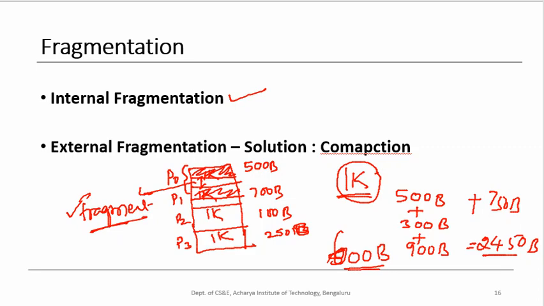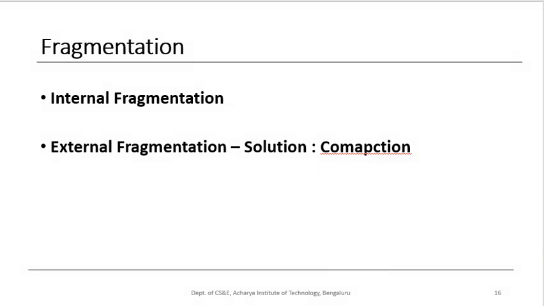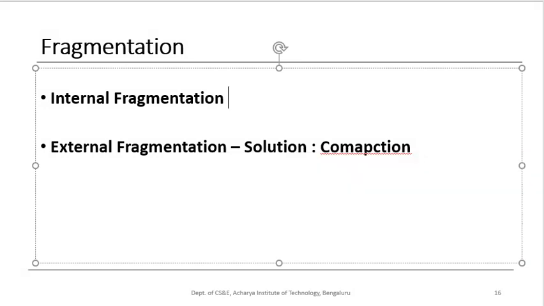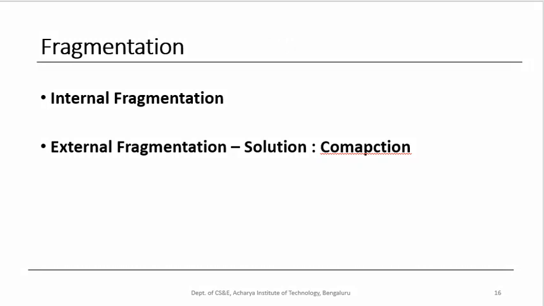So that's the drawback of contiguous memory allocation, a further drawback of the fixed size partitioning approach. So there is no way of solving internal fragmentation.